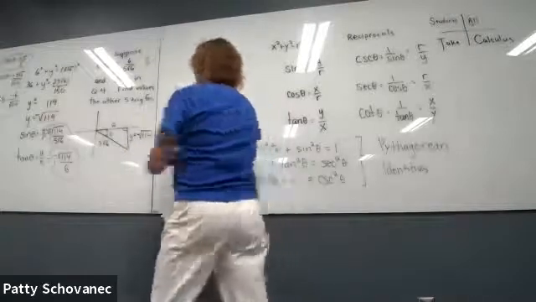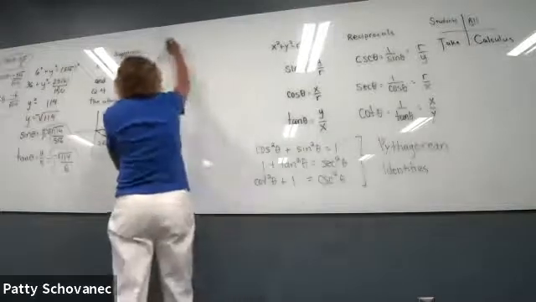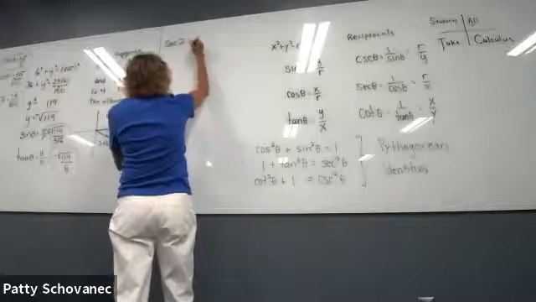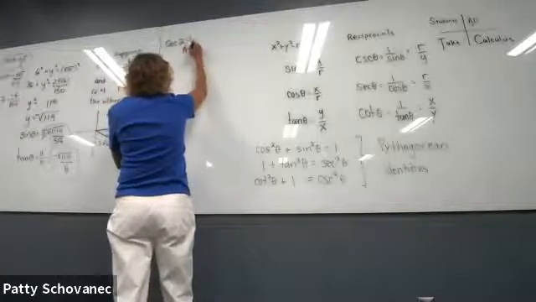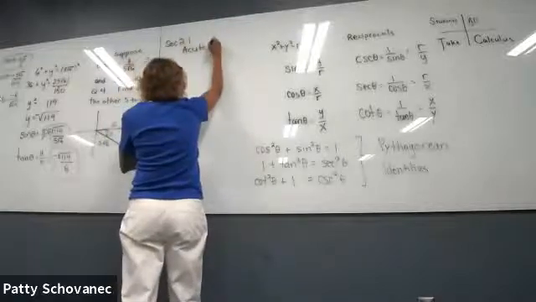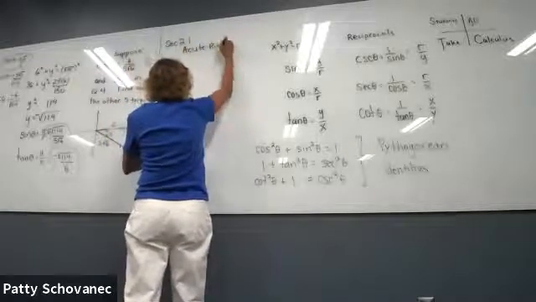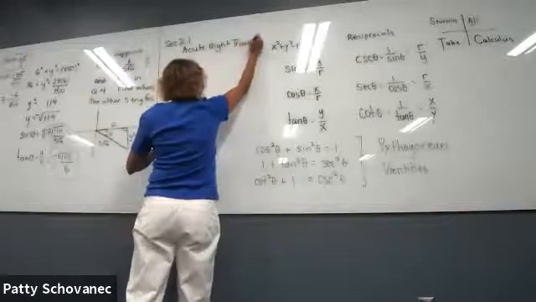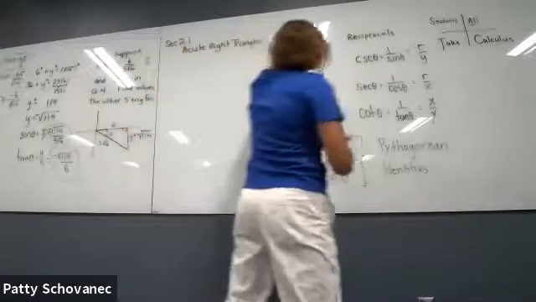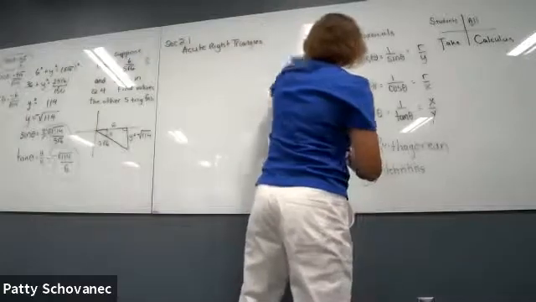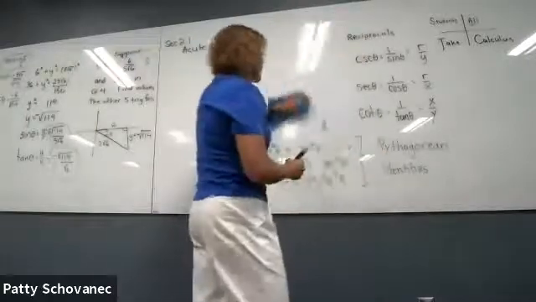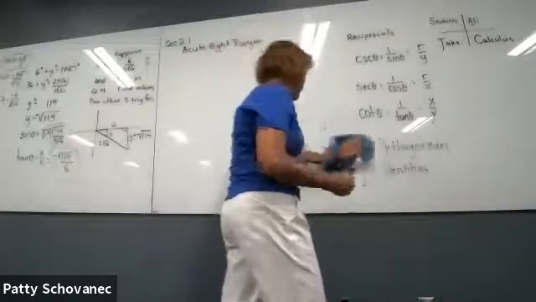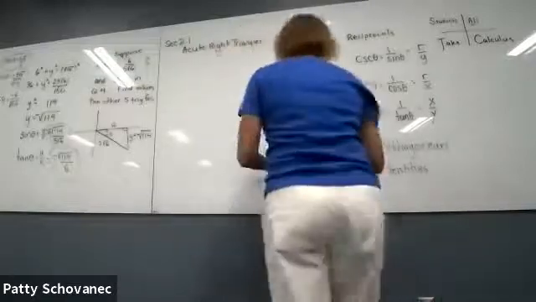We're going to talk about acute right triangles. What does acute mean? The angles inside this triangle that are not right angles both have measures smaller than 90 degrees.